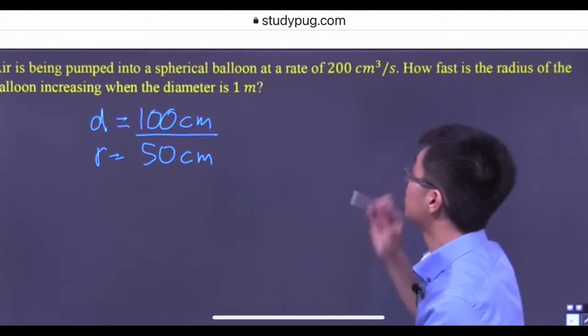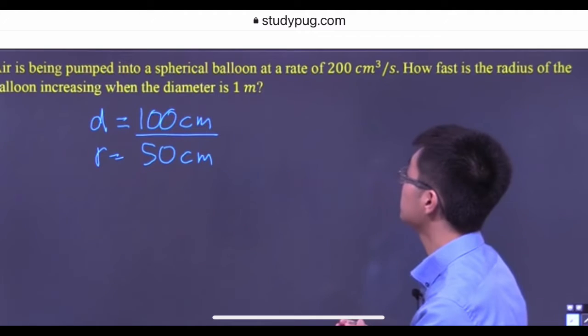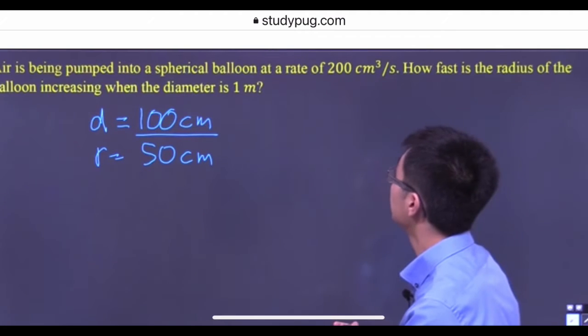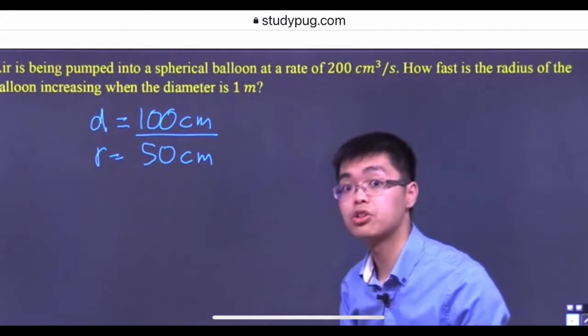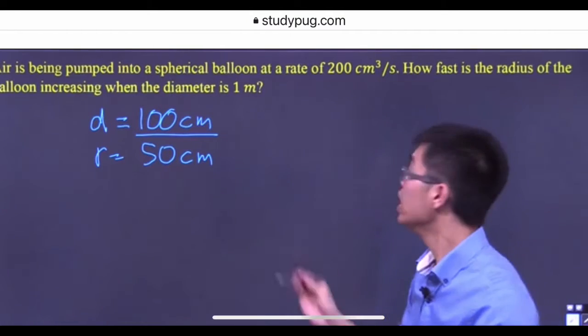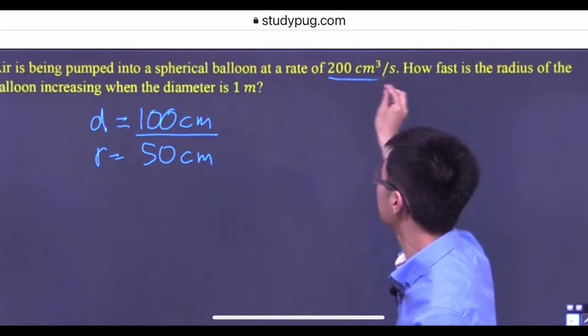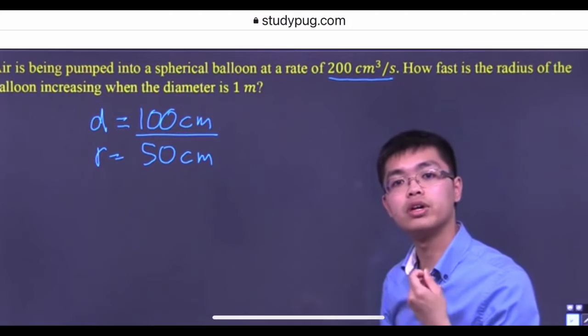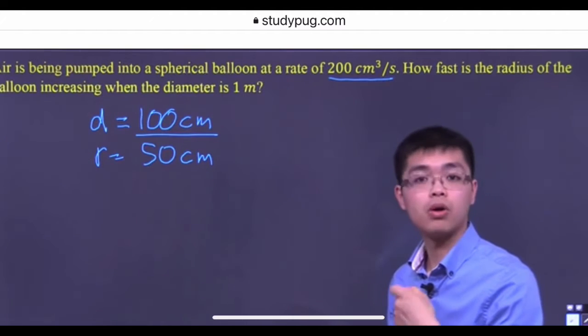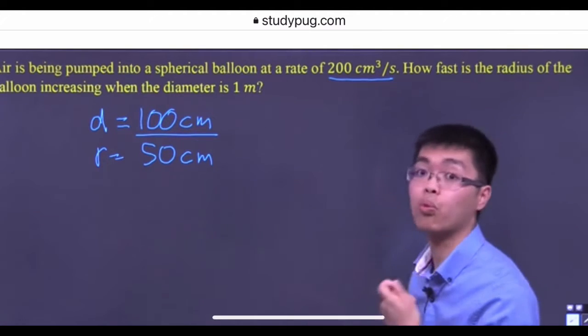And what is this question telling us as well? It tells us that the air is being pumped into a spherical balloon at a rate of 200 centimeter cube per second. What is this 200 centimeter cube per second? Well, it's in cube, right? So you kind of think it's volume. But it's per second, and it's talking about at a rate of.